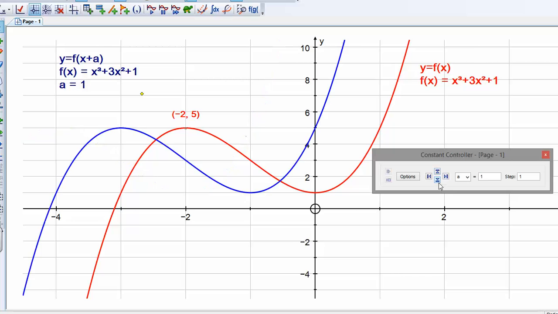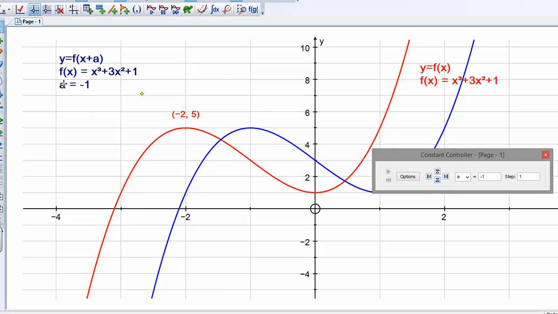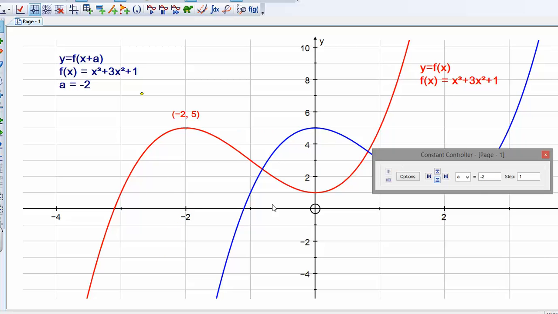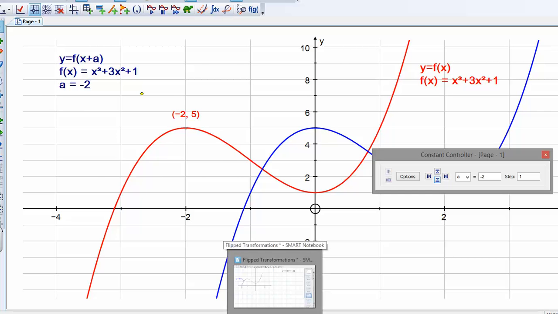So I'm going to decrease a. So if a is minus 1, we've gone to the point minus 1, 5. If a is minus 2, we've gone to 0, 5. So what we're doing here is we're actually subtracting a from the x coordinate. So let's summarize that.